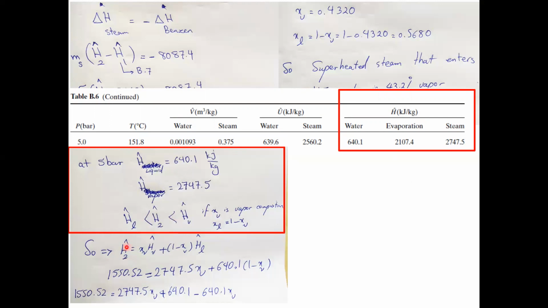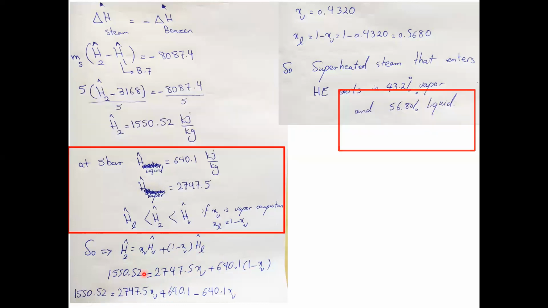So you can say H2 is the combination where some part is steam. So you can use HV, XV, the composition of the steam, multiplied by the specific enthalpy of the steam, plus the rest is liquid. So we know it is H2. That is the amount of the enthalpy of the steam multiplied by the composition, and this is the amount of the specific enthalpy of the liquid multiplied by its composition.